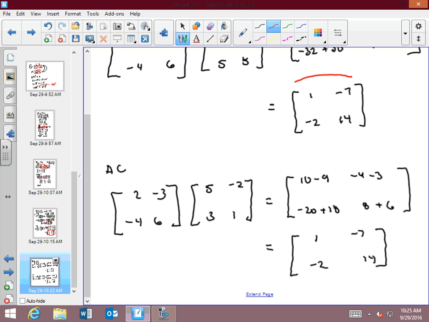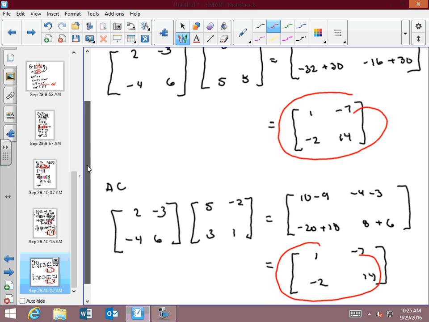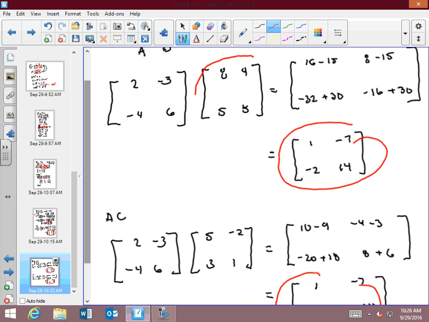And these two are the same, but these two are not equal. So it's just showing you the counterintuitiveness of this multiplication. And if you did real numbers and you did that, you would be able to show that B equals C. Well, in matrix multiplication, it's not so.